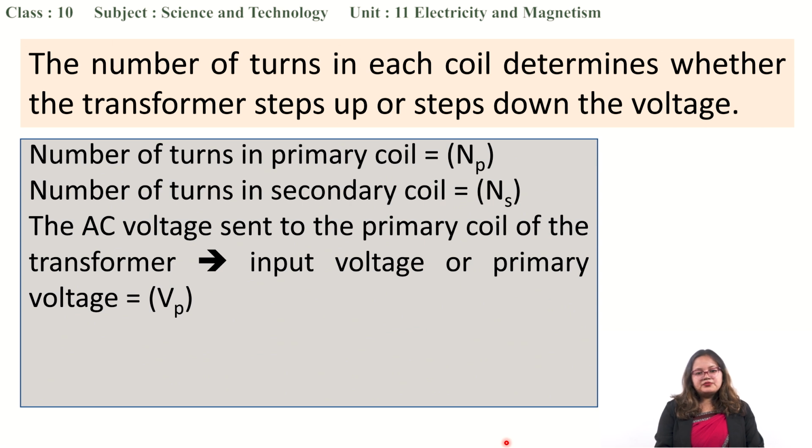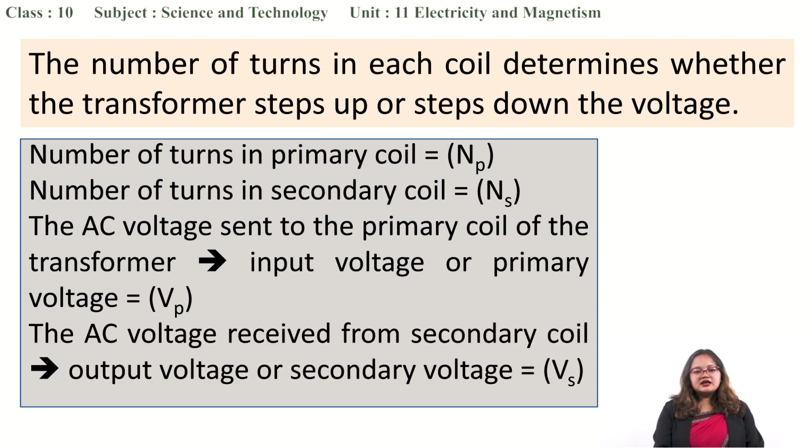The AC voltage sent to the primary coil of the transformer is known as the primary voltage or input voltage, denoted by VP. And the AC voltage received from the secondary coil, the output voltage or secondary voltage, is denoted by VS.